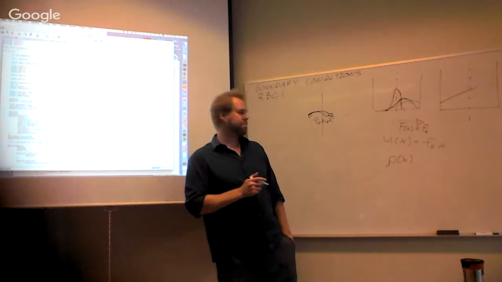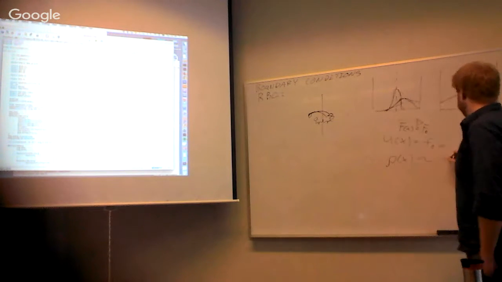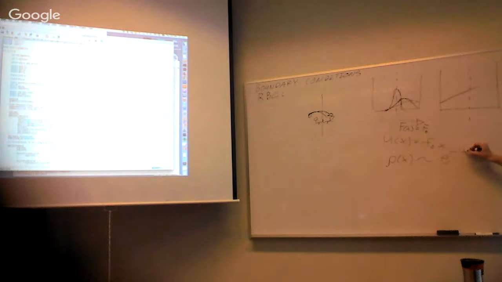Yeah, so it's e to the negative U(x) over kT, right? So that means it's e to the epsilon x.